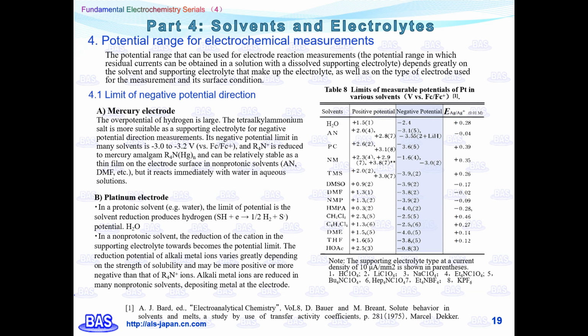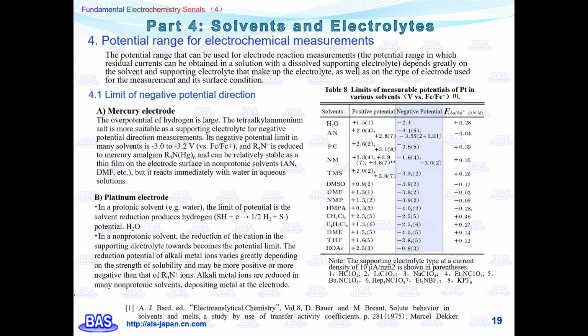For the mercury electrode, due to the large overpotential of hydrogen at the mercury electrode, except for acidic solvent, the cations that normally support the electrolyte are reduced before the solvent. Since tetraalkyl ammonium ion can be reduced to amalgam and exist stably, they are suitable as supporting electrolytes for reduction reactions.